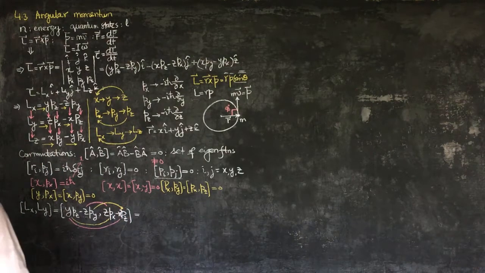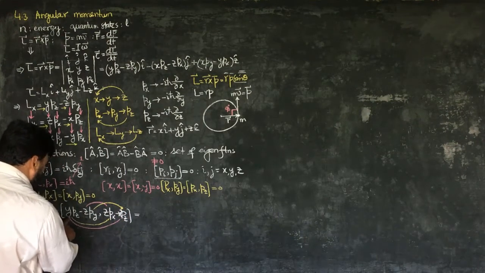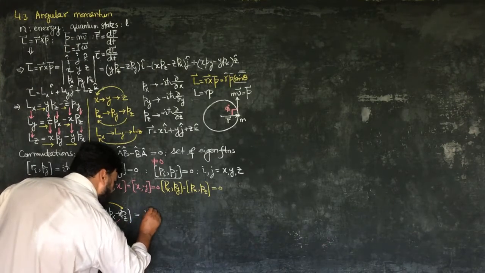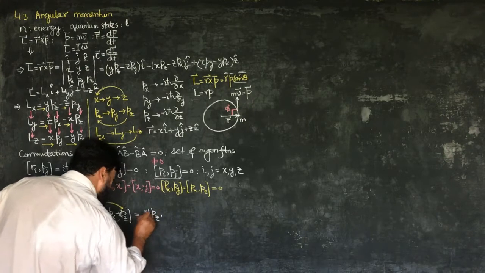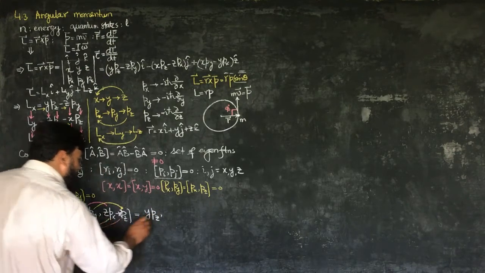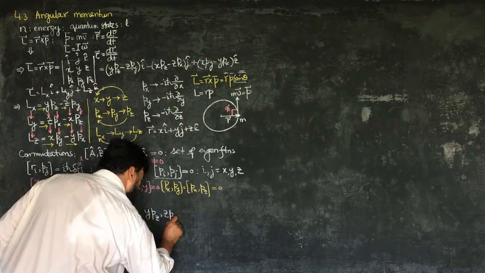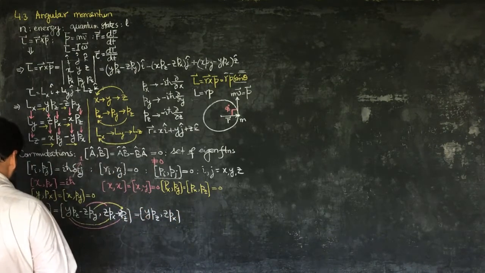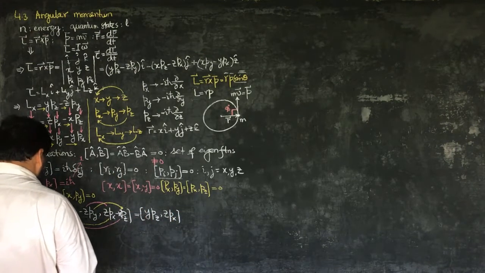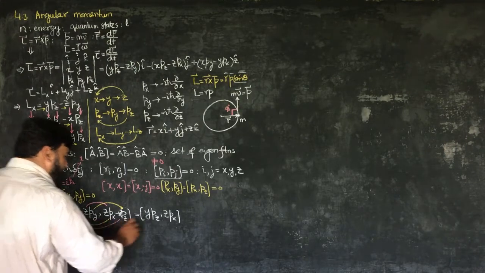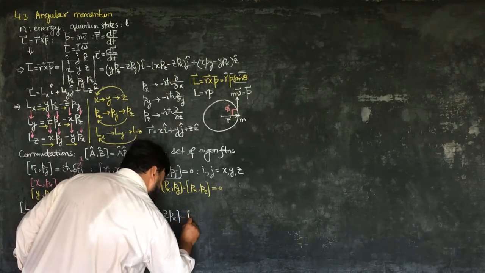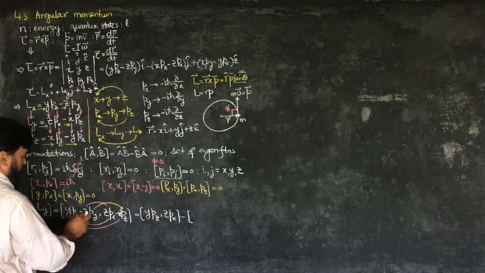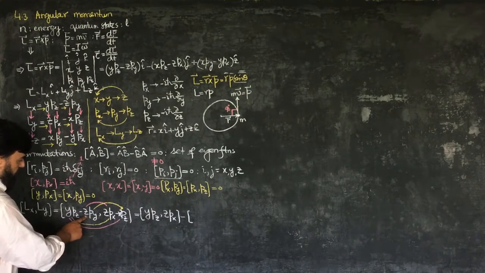So this will be equal to, first, the ypz commutation with zpx. This is one commutation that I will have to do, and then minus sign is here, and the commutation of zpy. I will have to very carefully look at the order of them.